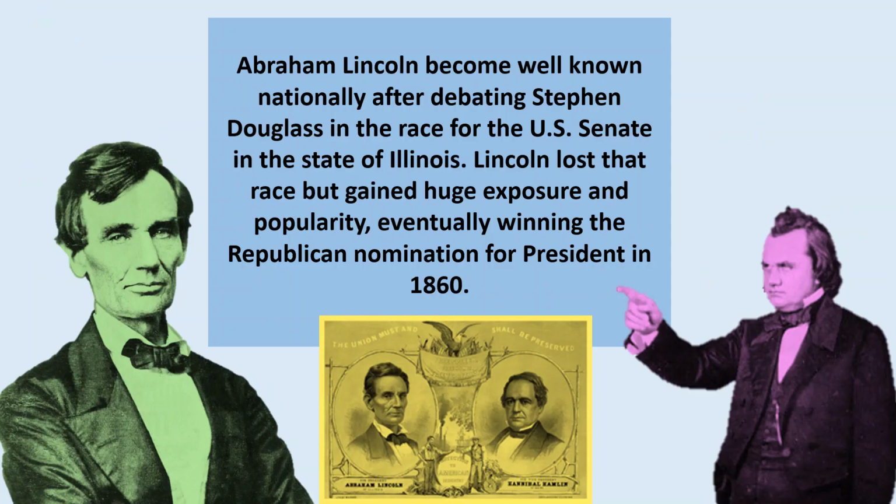Abraham Lincoln became well known nationally after debating Stephen Douglas in the race for the U.S. Senate in the state of Illinois. Lincoln lost that race but gained huge exposure and popularity, eventually winning the Republican nomination for president in 1860.